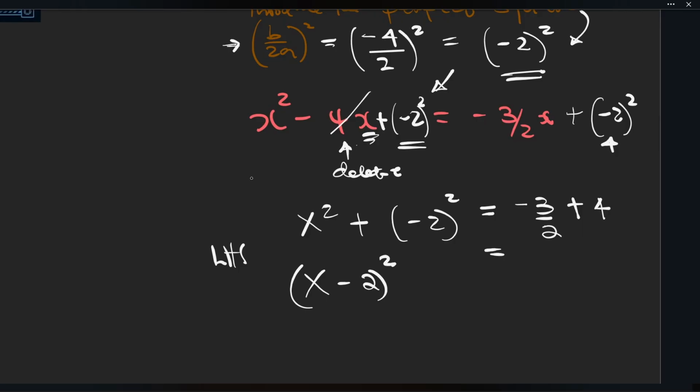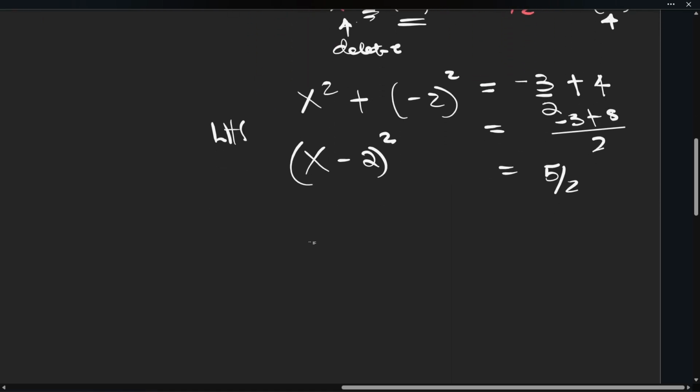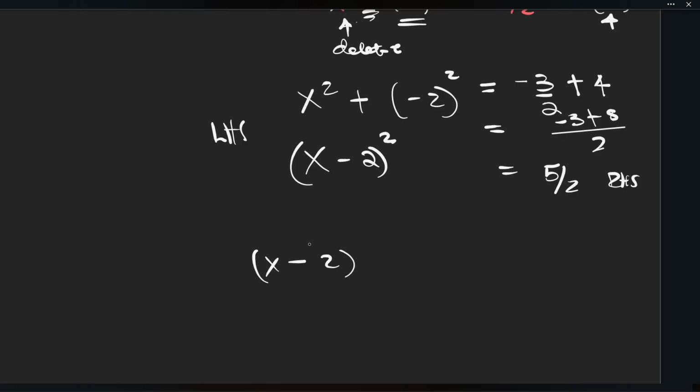I can find the LCM here. The LCM here is 2, so this is minus 3 plus 8. If I take minus 3 plus 8, I get 5 over 2. This is the right hand side. On the left side, I'll have x minus 2 squared, and this has to be equal to 5 over 2.